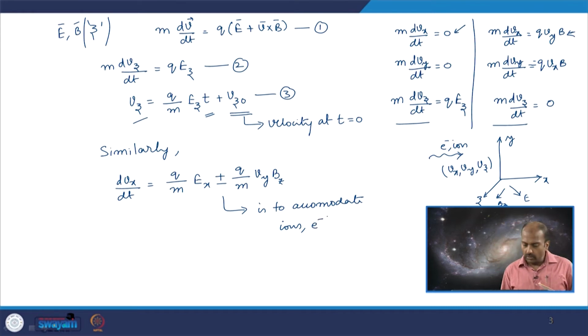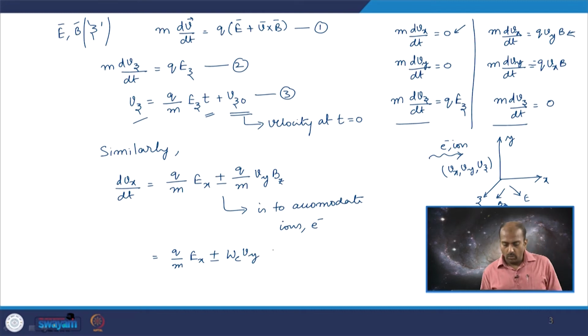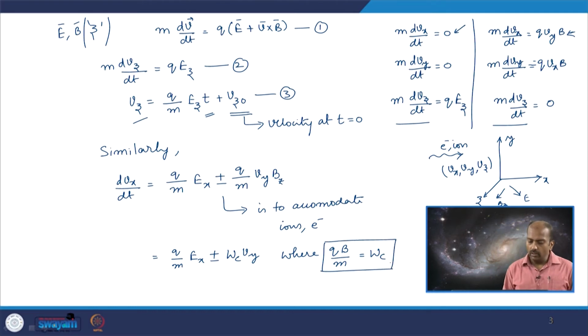So this expression I can rewrite as q/m Ex plus or minus omega c Vy, where qB/m is omega c, the frequency term associated with the Larmor motion of the particle in the presence of a magnetic field.